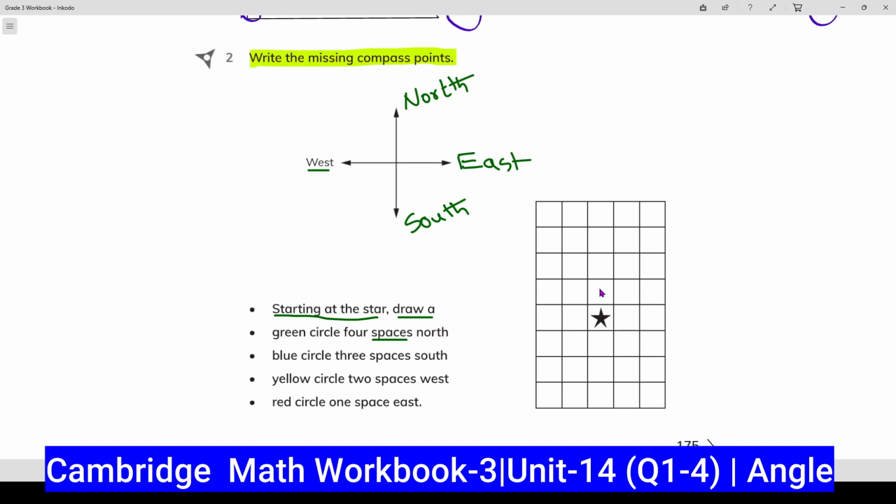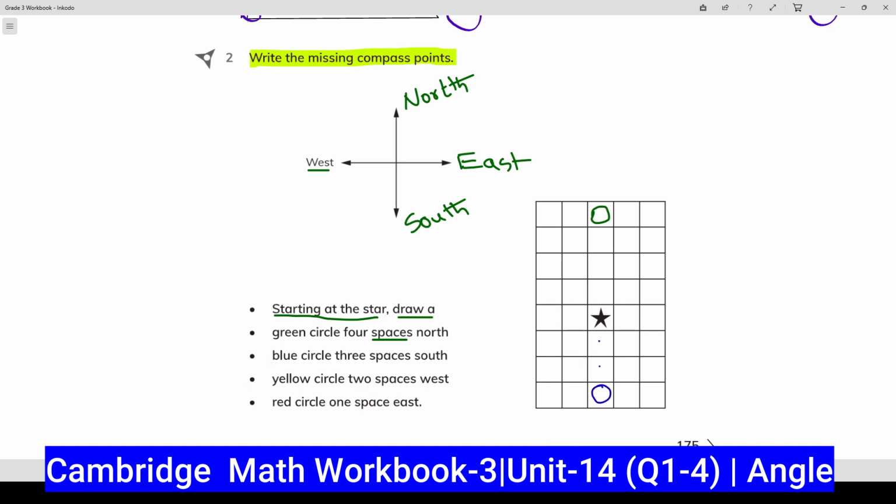From here 1, 2, 3 and 4, it's a green circle, right? Okay, and next, blue circle 3 spaces south. South means at the bottom, so 1, 2, 3, this is a blue circle.